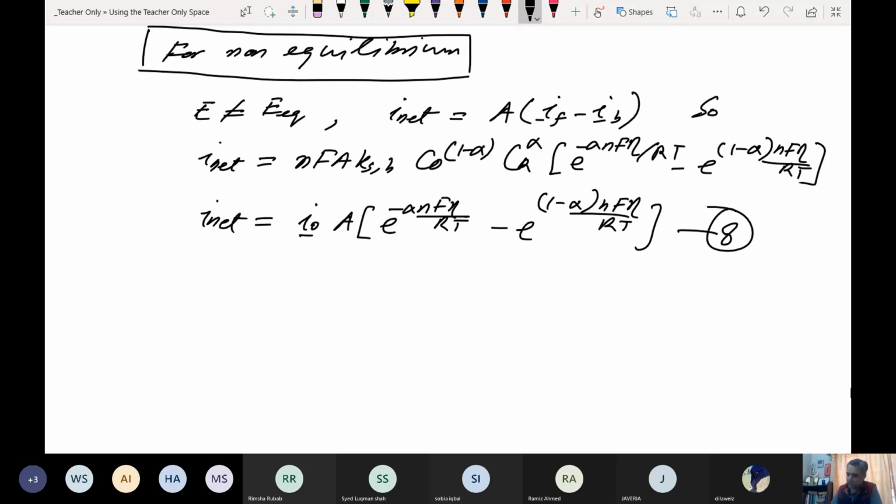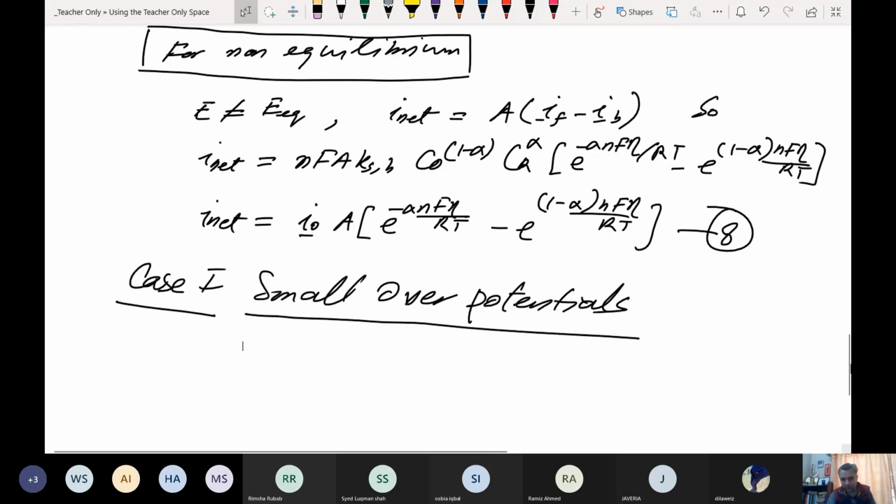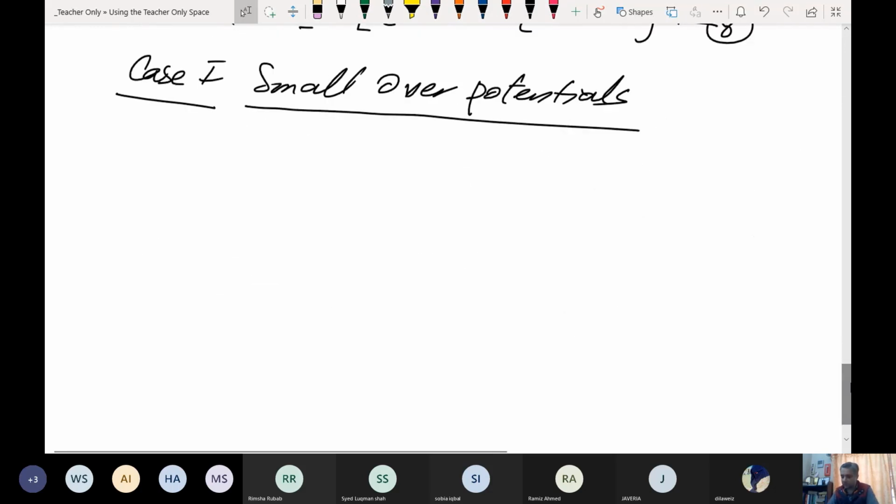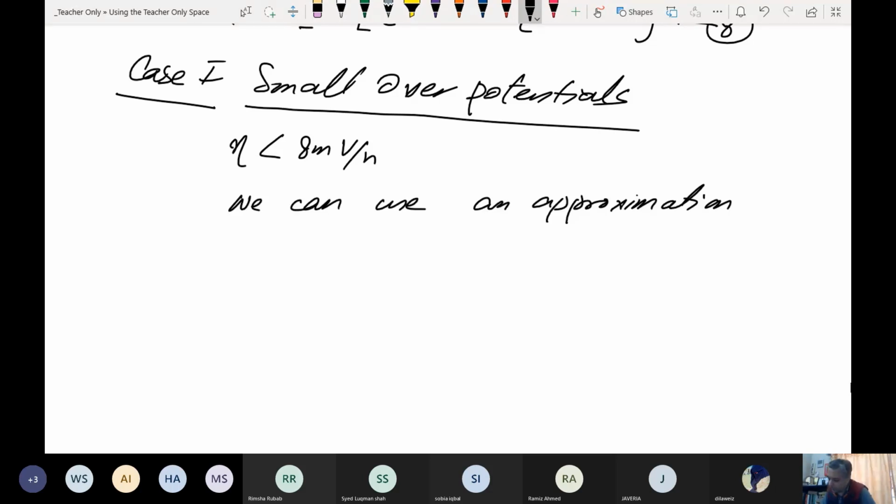Now if we have a case where the overpotentials are small, it means that for that kind of situation we say that eta is smaller than 8 millivolts per electron, so number of moles of electron. So we can use an approximation, which is probably the Maclaurin series, which says that for small values of x you have the exponential e raised to power minus x approximated to 1 minus x.